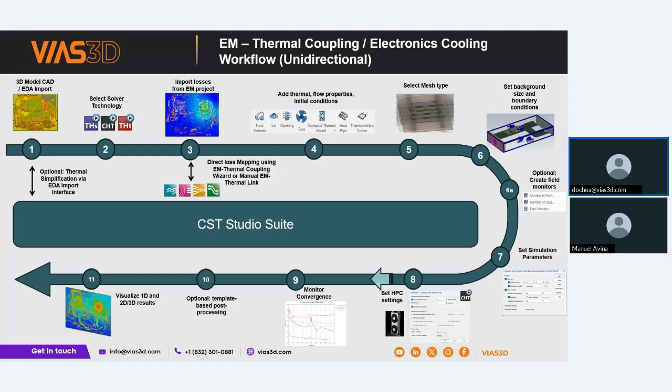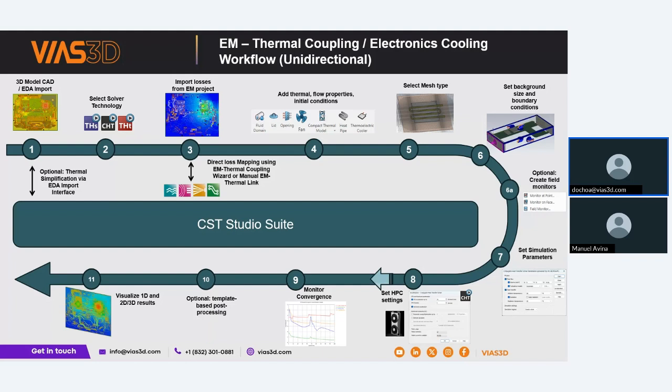As I mentioned, the thermal solver is GPU compatible. So with CHT, we can use a GPU to accelerate the simulation. So you have to activate that option in there.